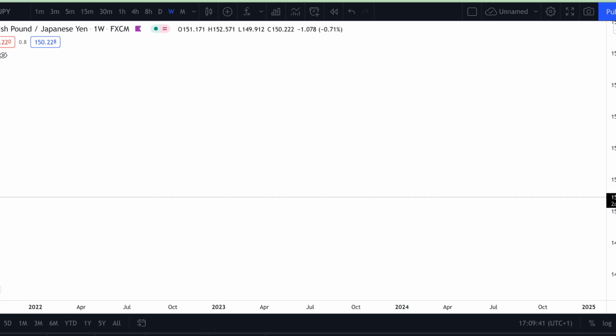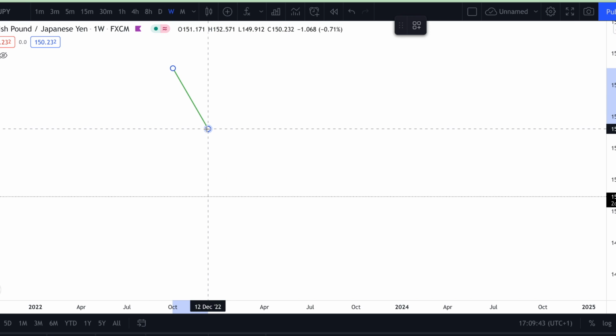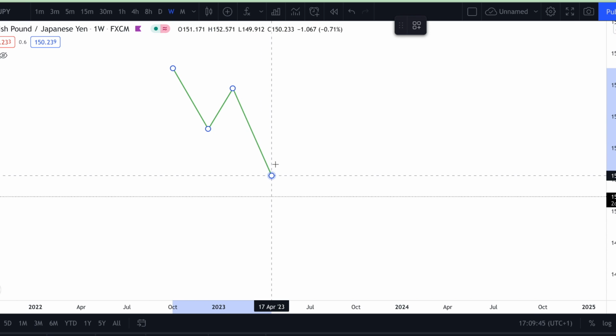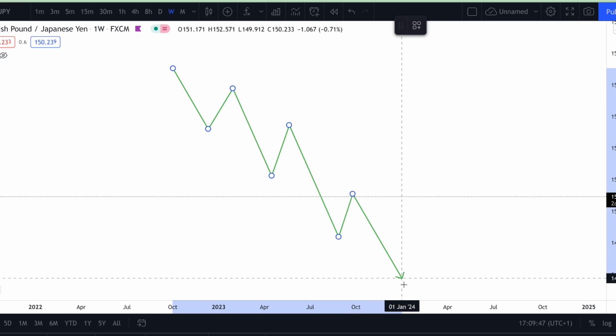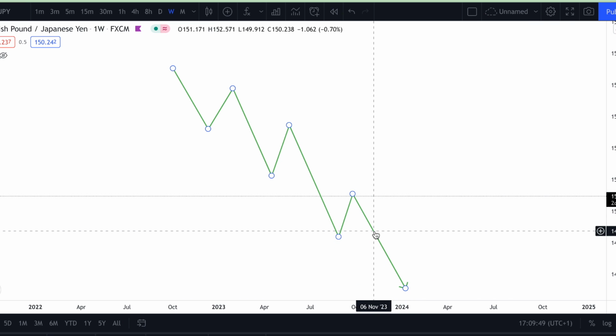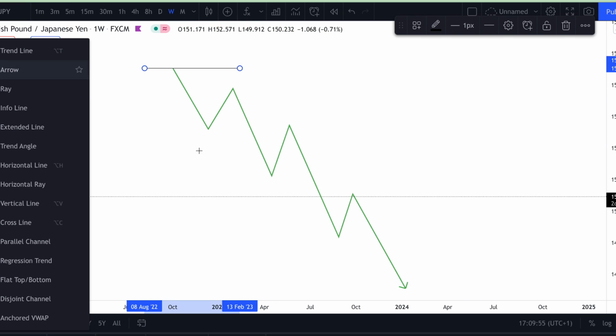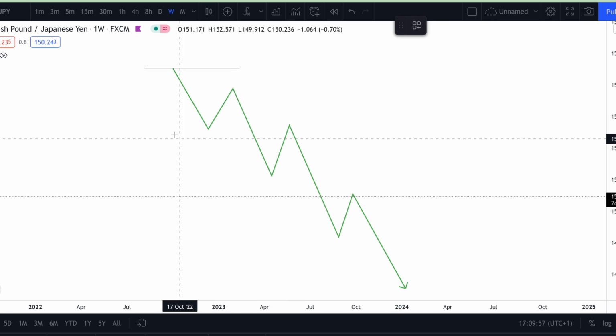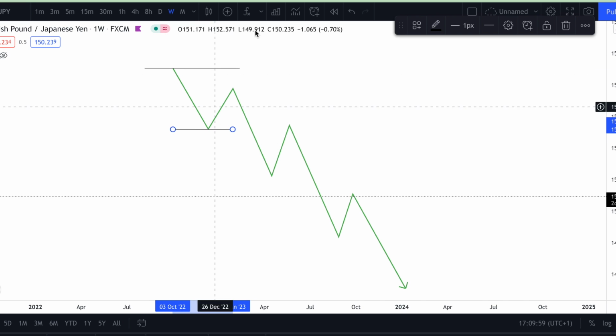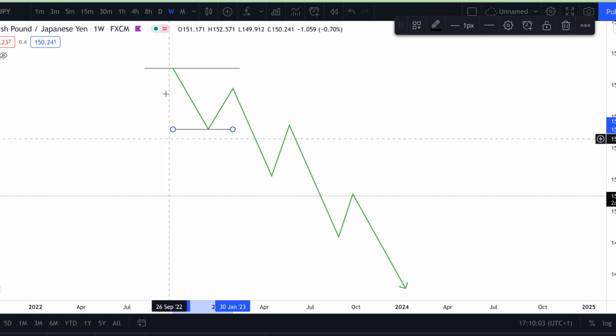Alright, so let's look into a downtrend. Anything, doesn't really matter. This is a downtrend, right? This is our area of supply and area of demand. What we want is price to break to the upside or downside.